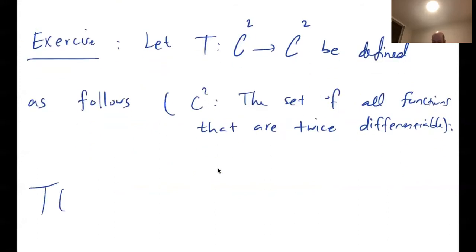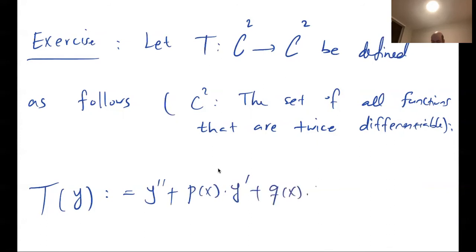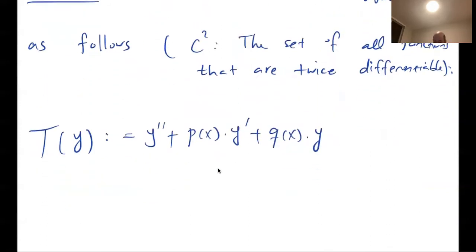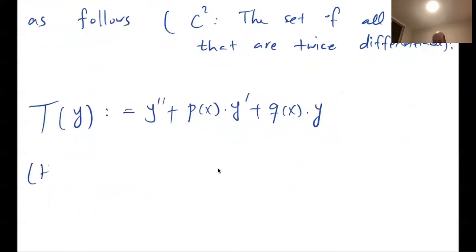So let's define T of a function y as y double prime plus P of x times y prime plus Q of x times y. And here P of x and Q of x are two fixed functions.